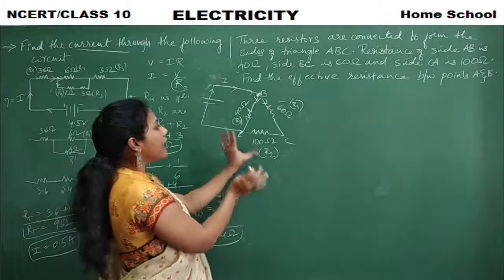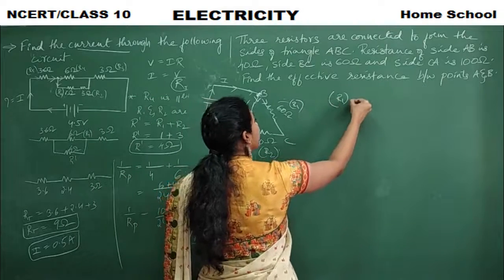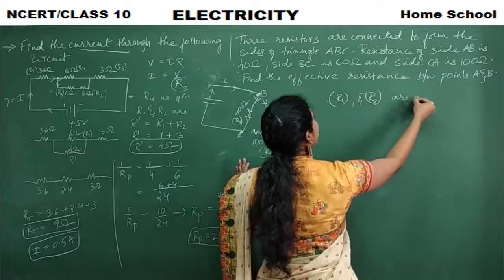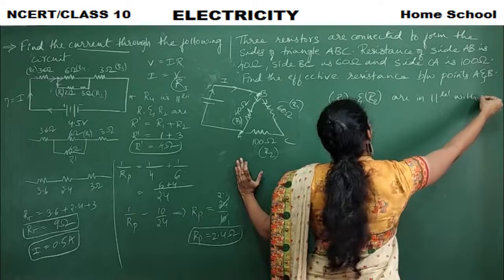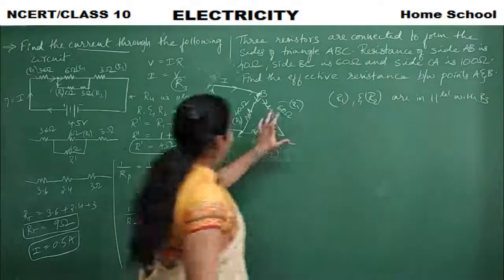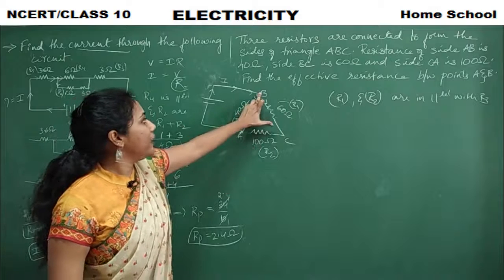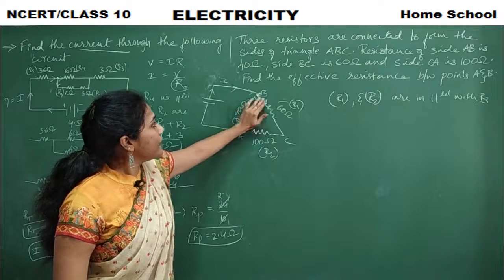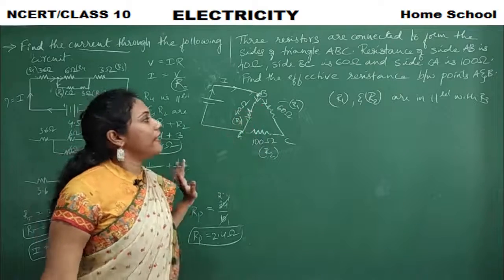What I observed from the circuit diagram is my R1 and R2 are in parallel with R3, because at point B, it is dividing. Half the current is going to this part, half the current is going to this part. So these two and this are in parallel.